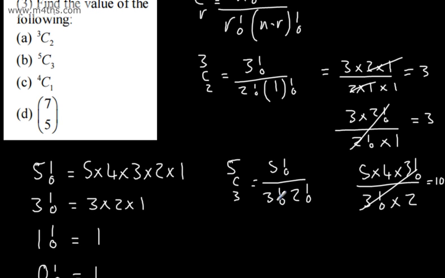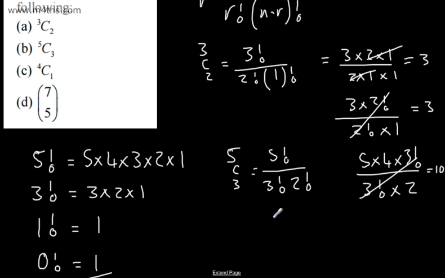You wouldn't be expected to do these every time you're calculating them, but it's an example of a question you might be asked. By symmetry, you can see that 5C3 is also going to be the same as 5C2, because we would have had exactly the same here. R factorial is just going to be n minus r factorial.